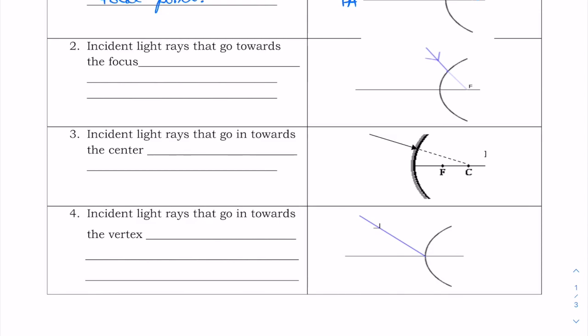Rule number 2 tells us that an incident ray of light that goes towards the focus will reflect parallel to the principal axis. It's basically just the opposite of rule number 1. Let's take a look in the picture to the right. So we have an incoming ray of light, which I'll highlight here in blue.